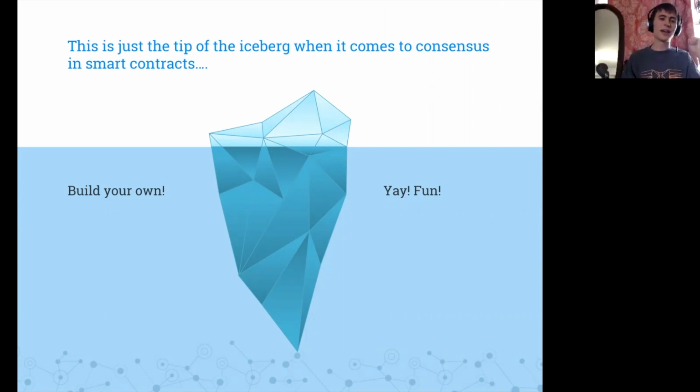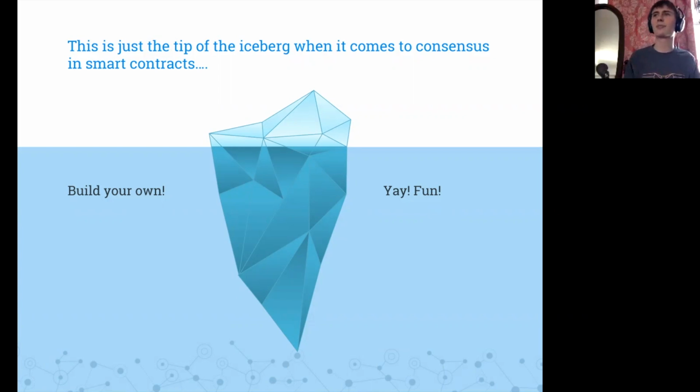I was just going to say that this is kind of the tip of the iceberg when it comes to consensus in smart contracts. In my opinion, at least 80 to 99% of interesting projects that are going to be built on Ethereum will have some semblance of consensus in it, and the concept of putting consensus in a smart contract is implicitly what we're doing with a lot of our projects.